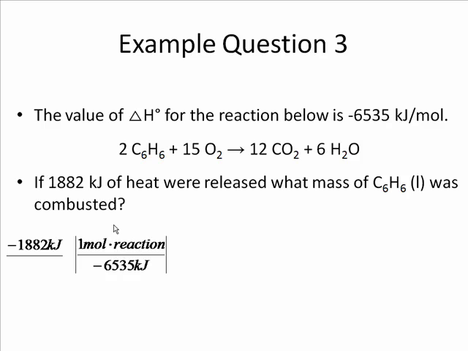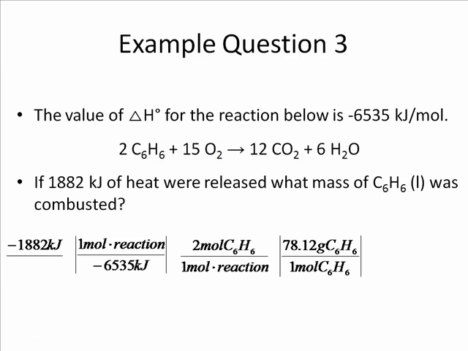Okay, kilojoules cancel. All right, slightly out of order in my animation. We need to go from the overall moles of reaction to the moles of the specific reactant here, C6H6, that we're talking about. Okay, so there's 2 moles C6H6 for every mole of reaction. So that's a conversion factor we need. So now we have the moles of C6H6.